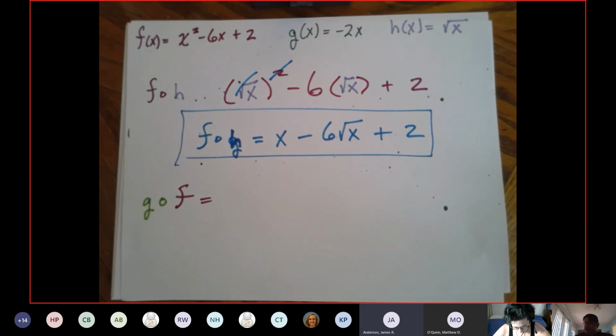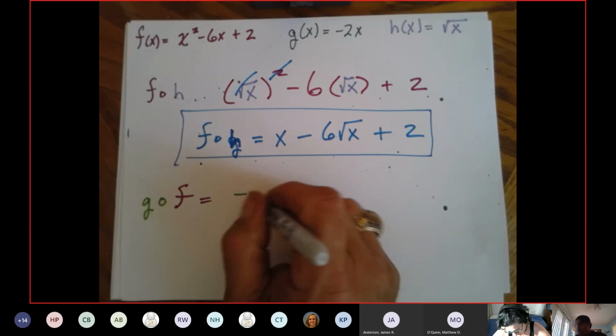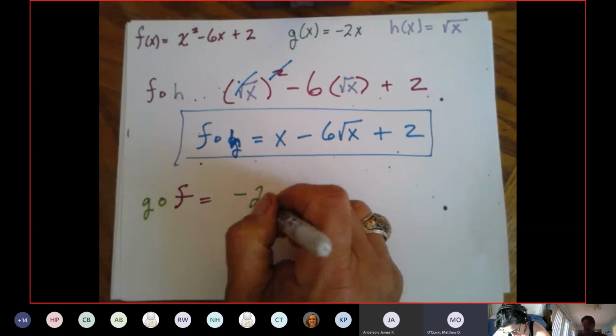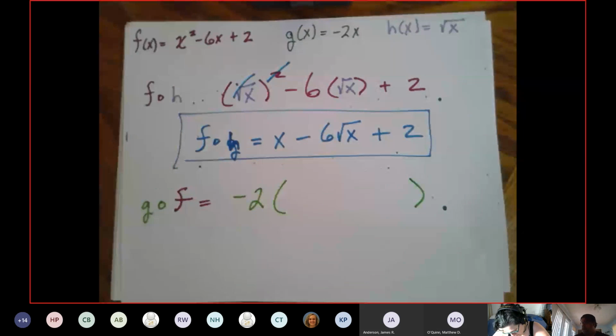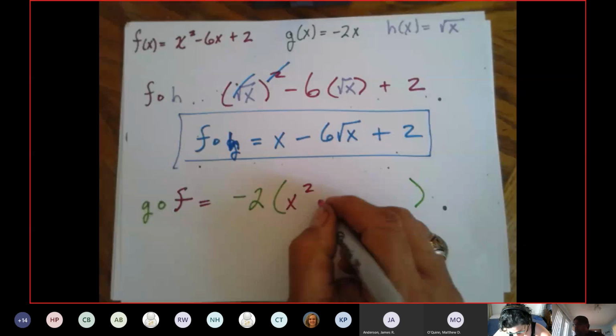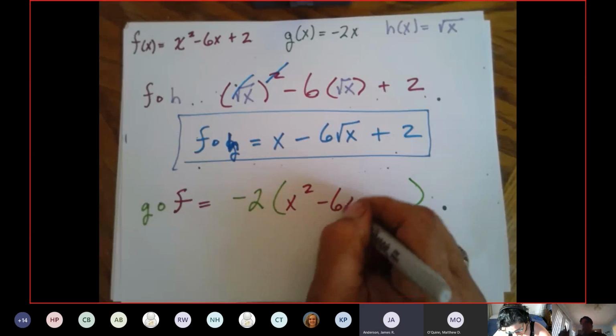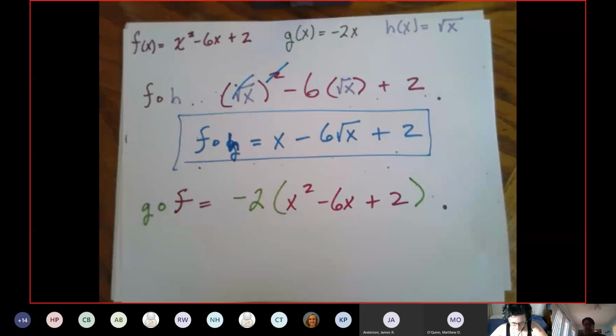So I'm going to rewrite g, negative 2 with a big set of parentheses, and I'm going to plug in x squared minus 6x plus 2. I guarantee you there's somebody out there going, God almighty, I didn't know composition was that easy. May not be a lot, maybe one person. But the whole point is it's not that difficult. You've been doing substitution in Algebra 1.